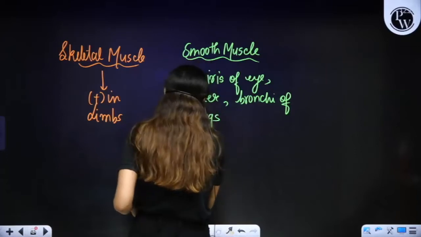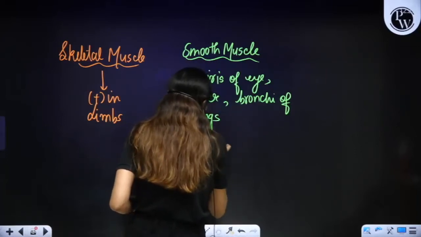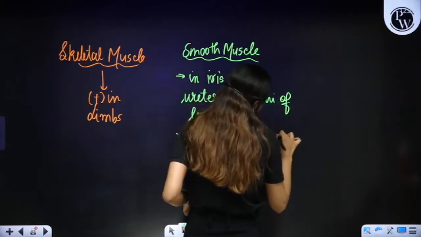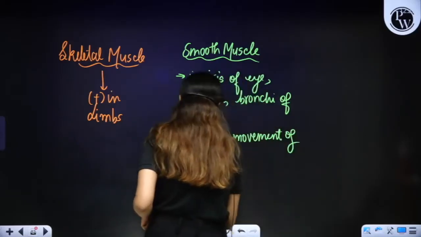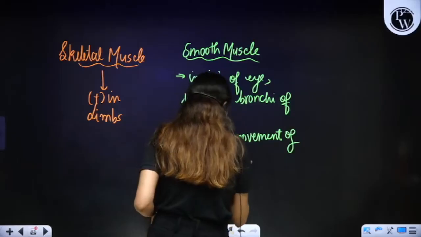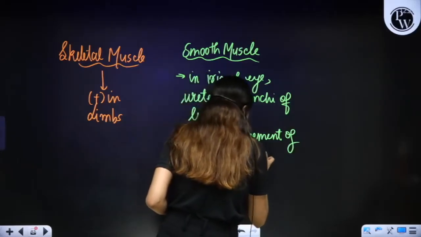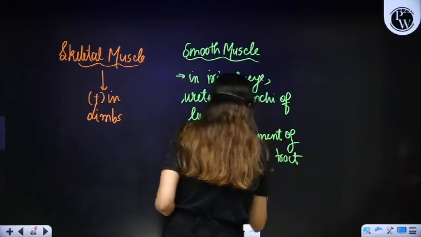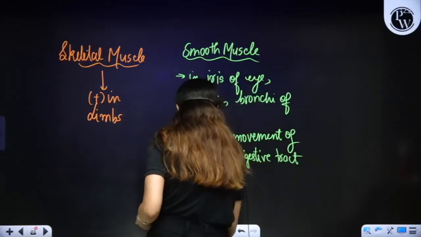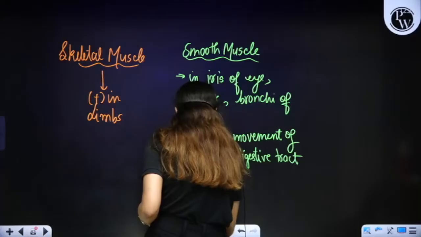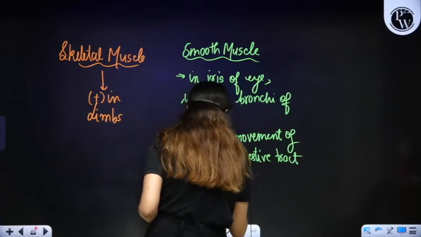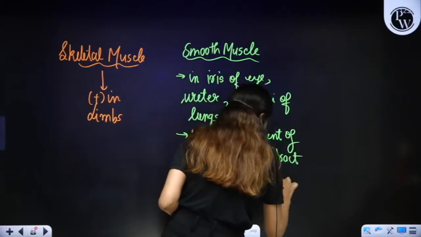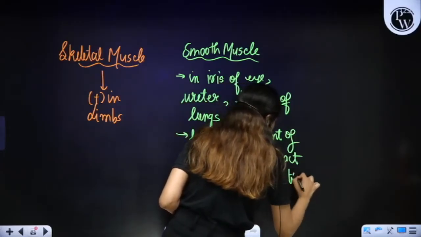And yes, it will be helping in movement of the food in our digestive tract, and also help in the movement of blood, right? That is present in the blood vessel. So it is also helping in contraction and relaxation of blood vessels.